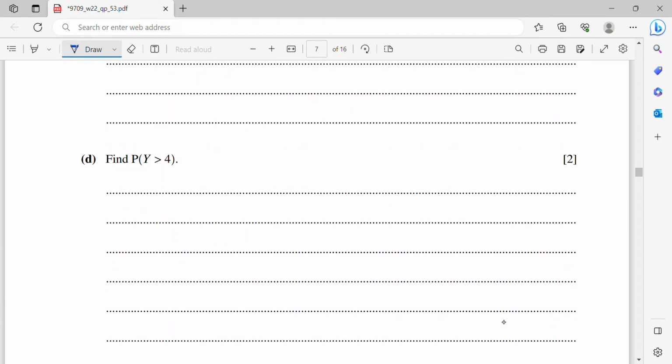Now D. Find P(Y>4). Now don't forget, this is geometric distribution. So you have to continue until you get the first success. So P(Y>4). If you remember, there is a formula for the geometric distribution. So I will say that P(Y>4) is 1 minus P(Y≤4).